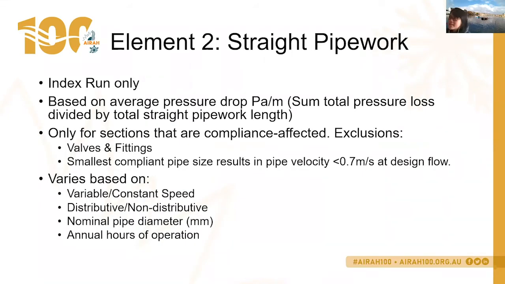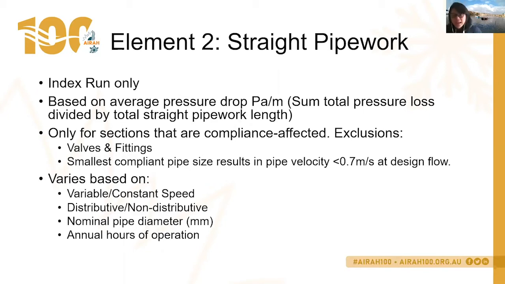The next element that you need to comply with is straight pipework. You're only really looking at the index run of your system. It's based on the average pressure drop, pascals per meter.